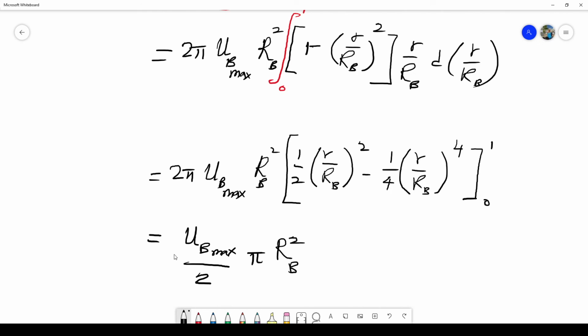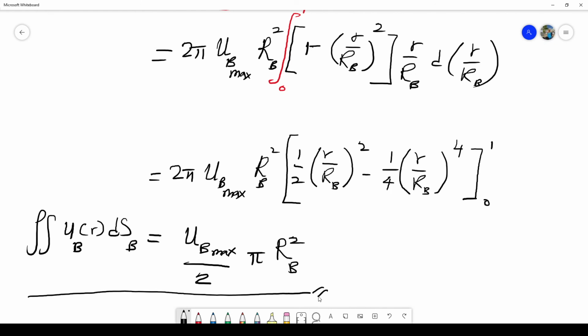So this is the term that we get from the integration for the UB dS at B. This term later we will substitute in the continuity equation that we have on the top of this slide before.